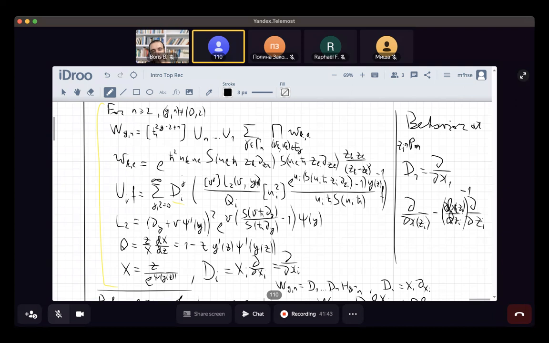Nowhere else. Everything else is regular, because we assume that y is regular there in the definition of topological recursion. The y is regular at this point, and what else? I mean, nowhere else can a pole come from.